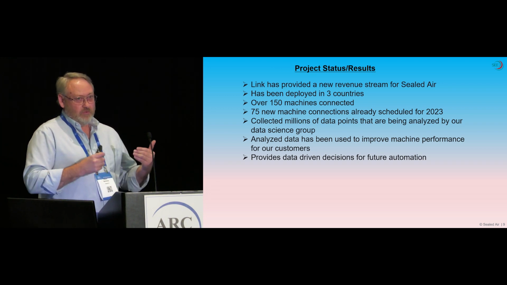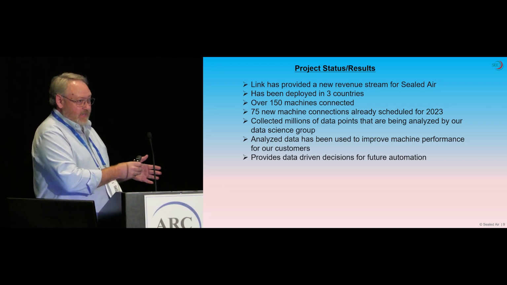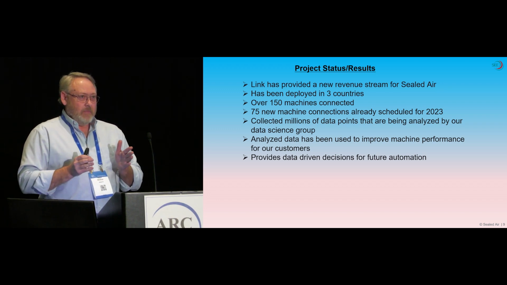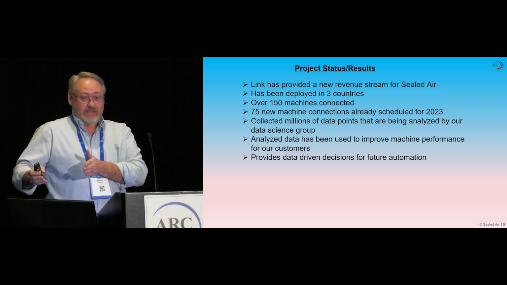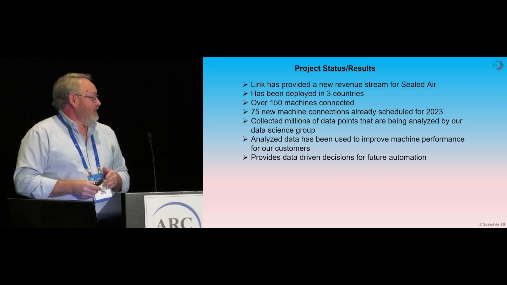So now we're able to look at the data from machines, millions of data points, look at the process and decide, okay, our next generation machine should have this new functionality because we have a lot of these particular issues right here.